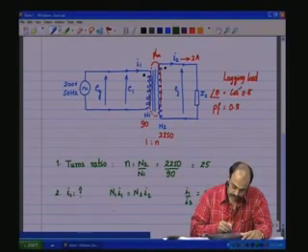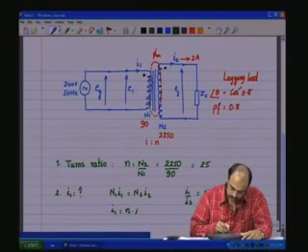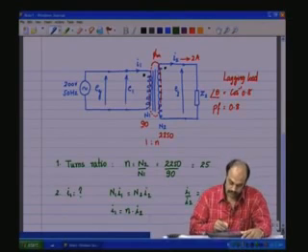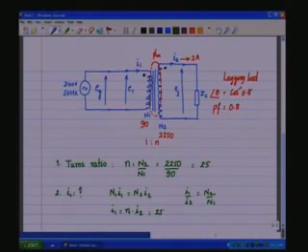So therefore, we have I1 equal to n into I2, which is 25 into 2 amps, 50 amps. So for a 2 amp secondary current, the primary current is 50 amp RMS, because it is a step up transformer.